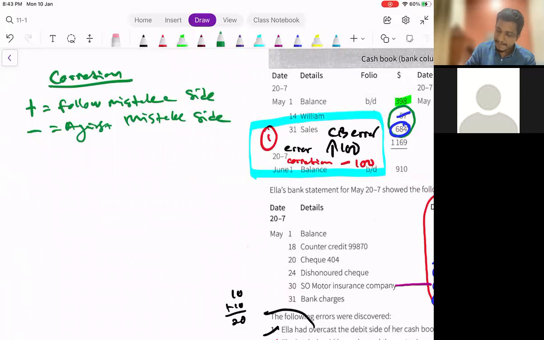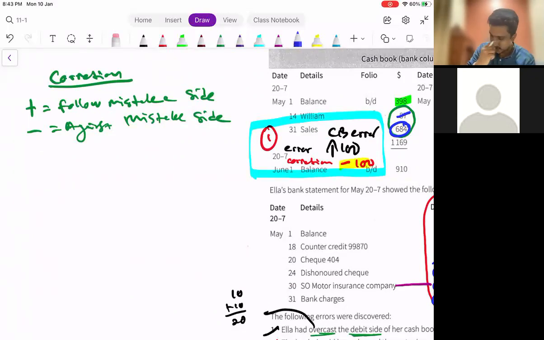The mistake happened on the debit side. According to the questioner, the debit side is overcast. So if the mistake happened on the debit side and now you need to do the correction, you need to minus it. We will go against the mistake side because we want to minus 100. So it will be on the credit side.